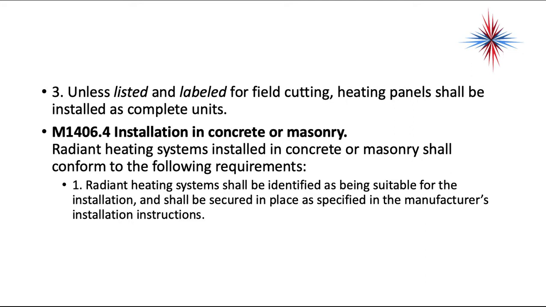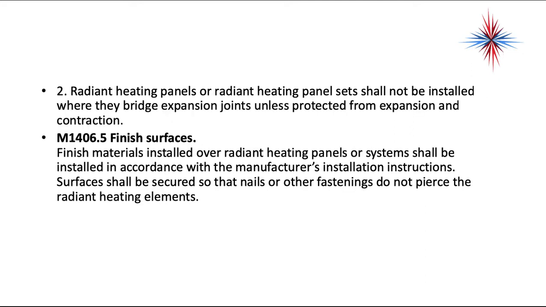If you're installing them on concrete or masonry, radiant heating systems shall be identified as being suitable for the installation and shall be secured in place as specified in the manufacturer's installation instructions. Again, we're going back to the manufacturer's instructions.